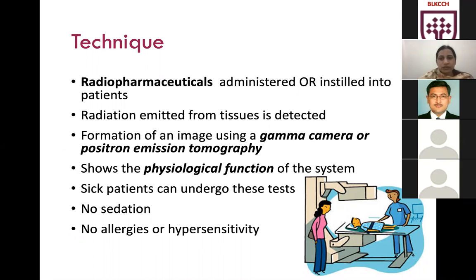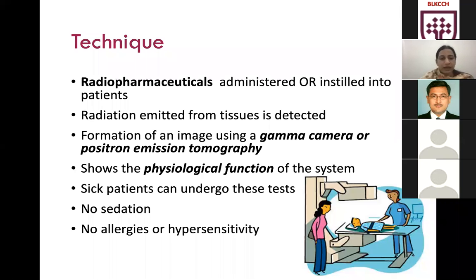Time is allowed, depending on the particular test we are doing, for the radiotracer to be concentrated in the kidney.